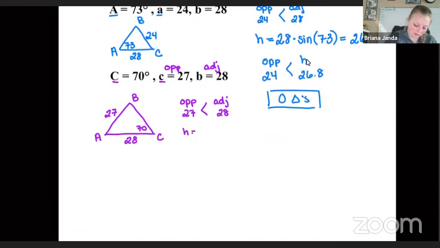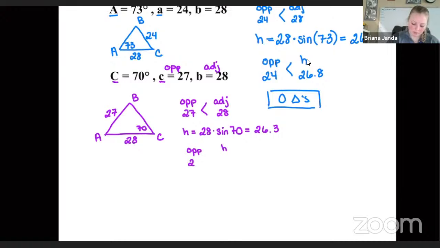Okay, well, the height of this triangle would be the adjacent side times the sine of our angle. Again, in degree mode here, that comes out to 26.3. My flow chart tells me to compare my opposite side to the height.